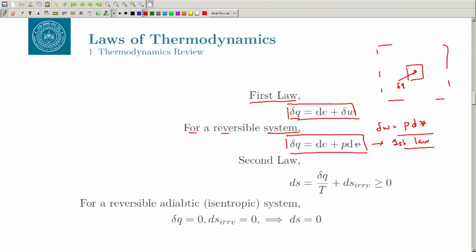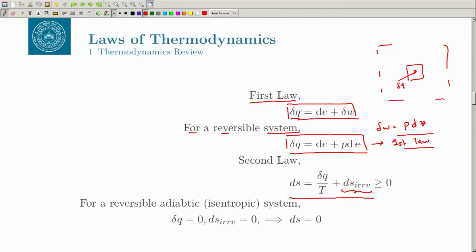The definition of entropy comes from the second law of thermodynamics, where it says that the change in entropy for any system is given by delta Q, the heat you are supplying, divided by the temperature, plus some losses due to irreversibility, given by ds irreversible.